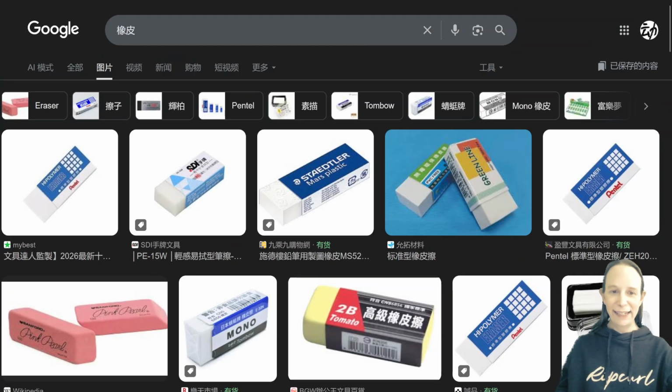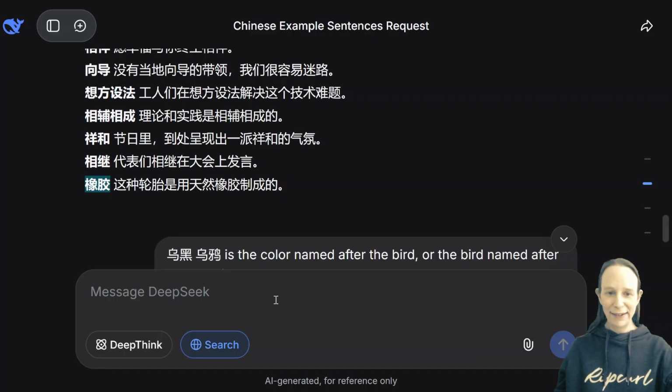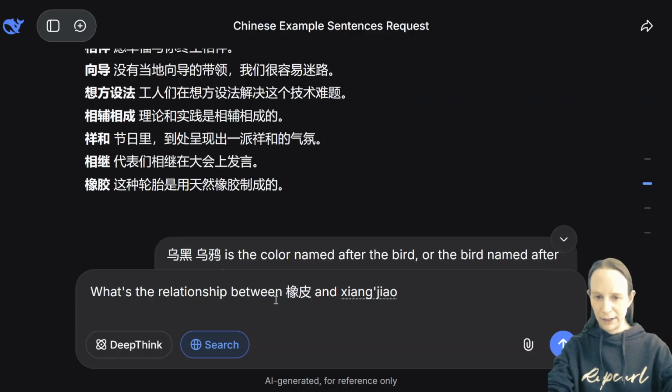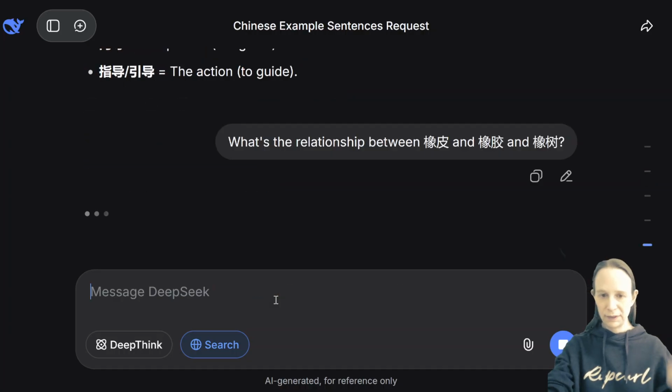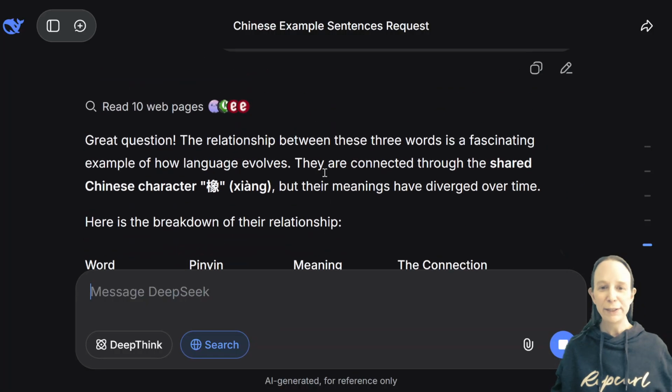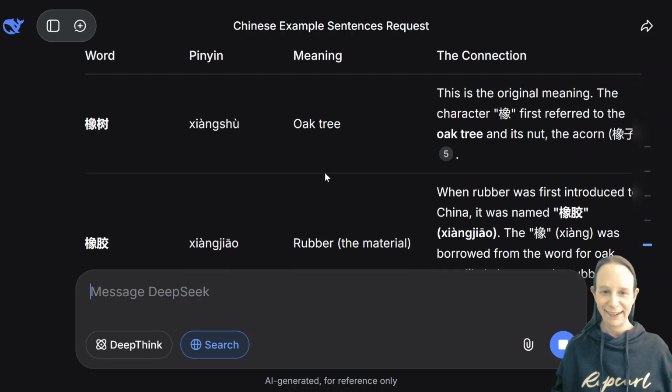Is there a meaning of 橡 that I'm not aware of? Should we ask the AI? What's the relationship between this and 橡胶 and 橡树, if any? Great question. All right.